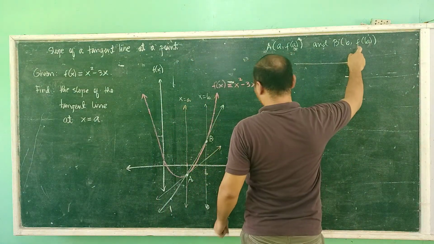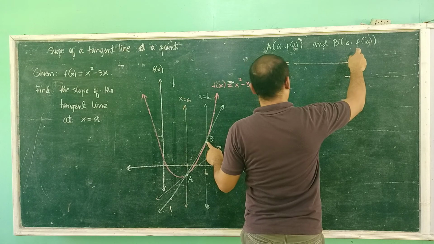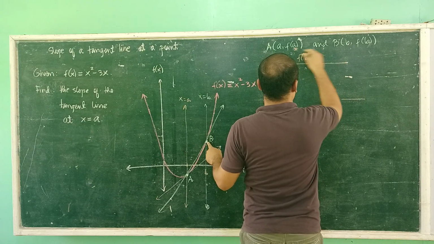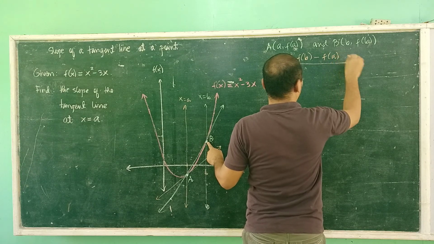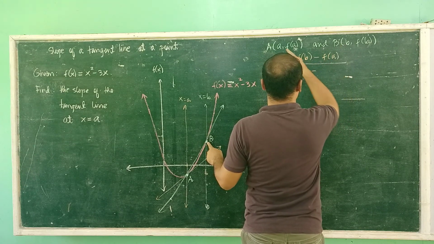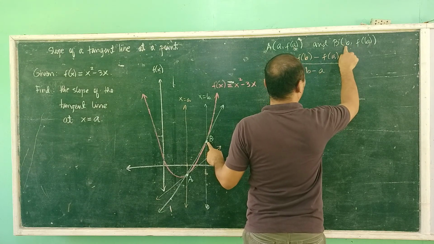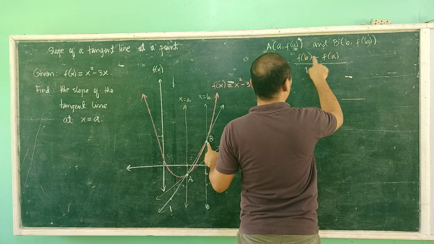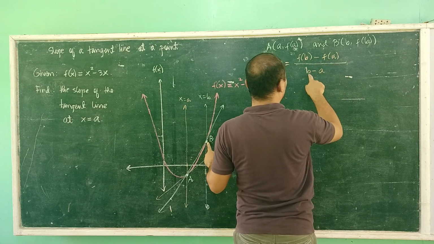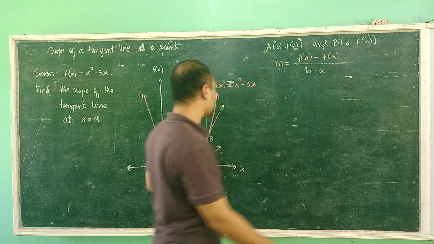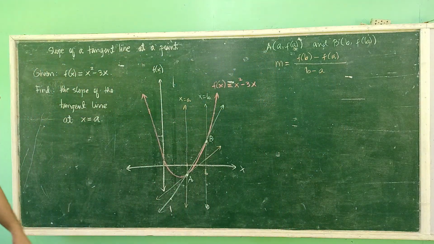So we can have f of b minus f of a, all over b minus a. That is x sub 2, y sub 2, x sub 1, y sub 1: y sub 2 minus y sub 1 over x sub 2 minus x sub 1. So that's the slope.